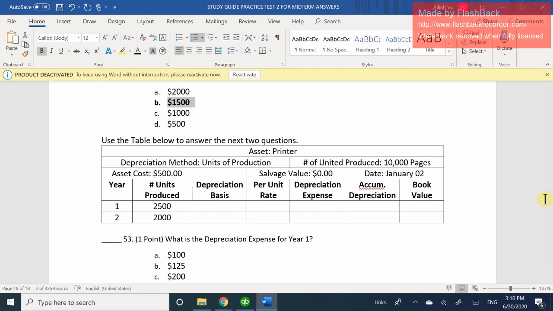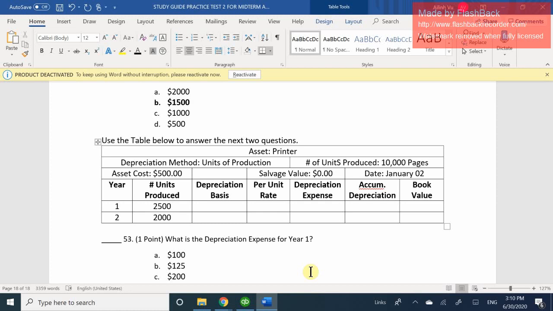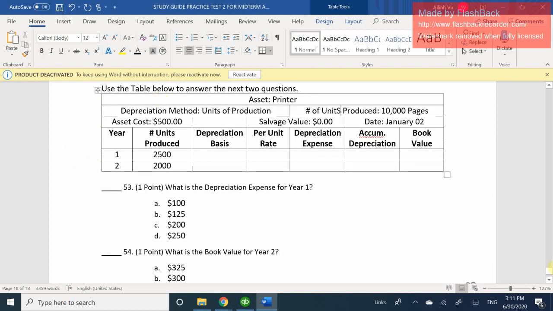Your number of units produced is going to be 10,000 pages. And your asset cost is $500. Your salvage value is $0. Man, I gave you guys easy ones. And your date that you put it in service is January 2nd. Okay? So what is the depreciation basis for this one?